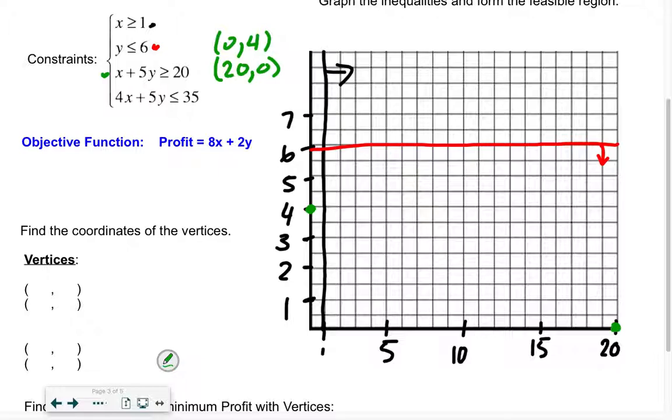And we'll try to go straight. That was not straight at all, was it? Hopefully you did a better job than that. Okay, and am I shading above or below? Guesses? Above. Above, good.